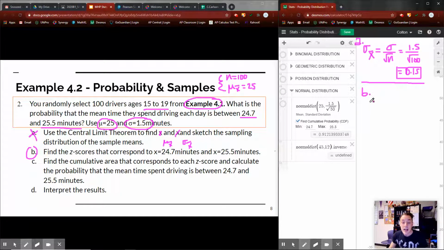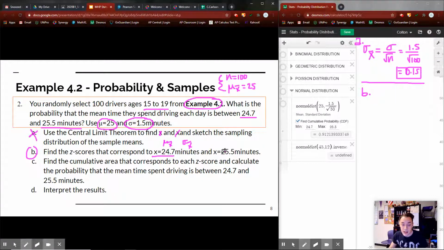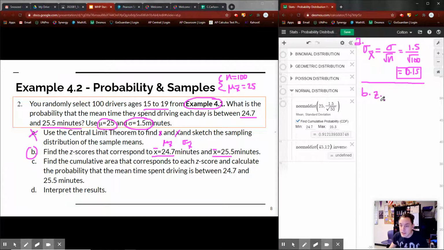Find the z-scores. I do need to have two z-scores because these are my x values, technically my x bars. What I have now is going to be exactly what I had before, but a little bit different, because I have a new standard deviation of my sample. So I have 24.7 minus 25, just like before.